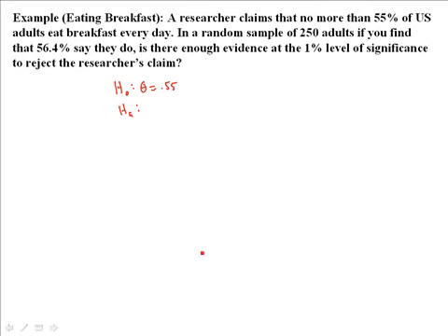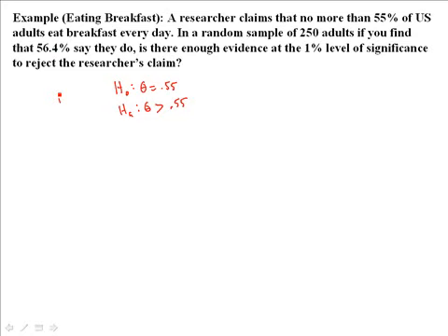Can you tell which it is for this one? If the claim is that it's no more than 55%, then the opposite of that would be that it's actually more than 55%. Yeah, more than. So let's write the alternative like this: bigger than 0.55. Either the population proportion is 0.55, or in fact it's bigger than 0.55.